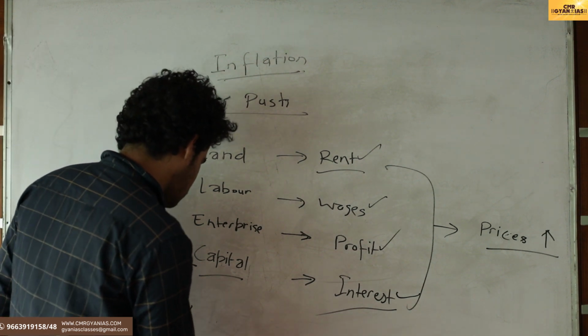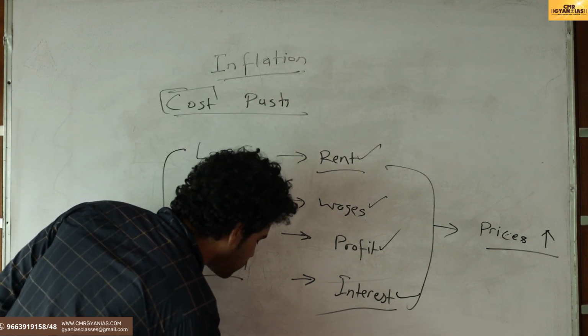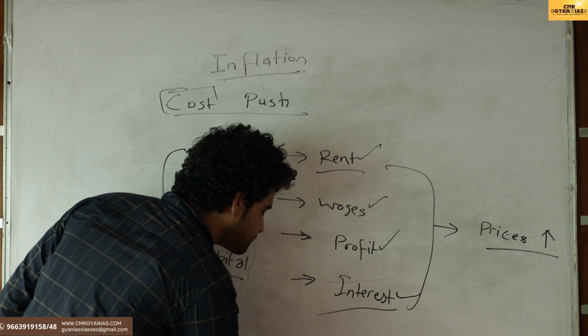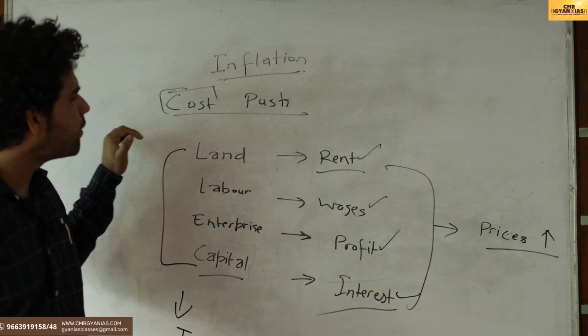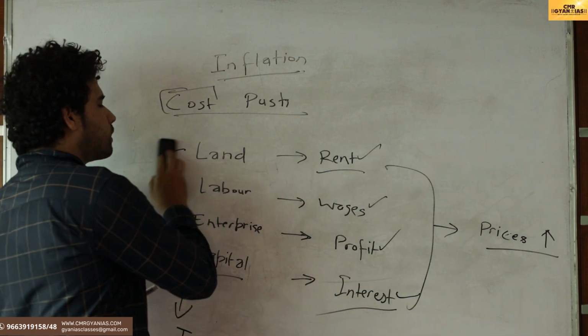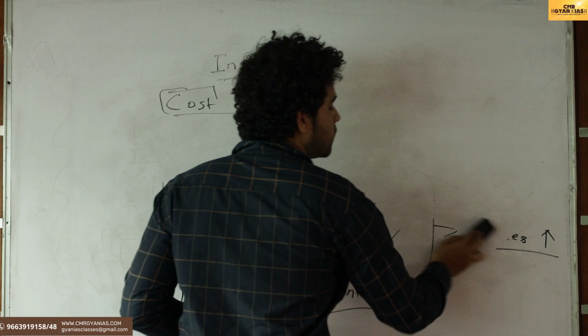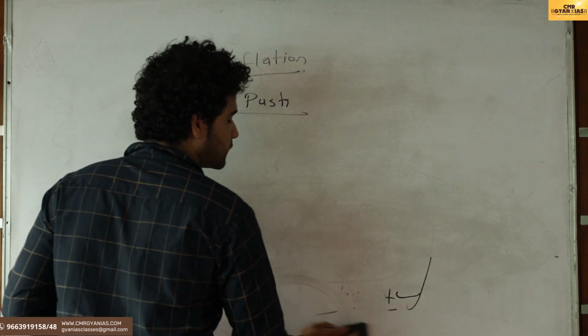Or suppose the prices of raw materials are increasing. Whenever the cost of any particular thing goes up, the prices of that particular commodity shall also go up. So this is called cost push inflation.